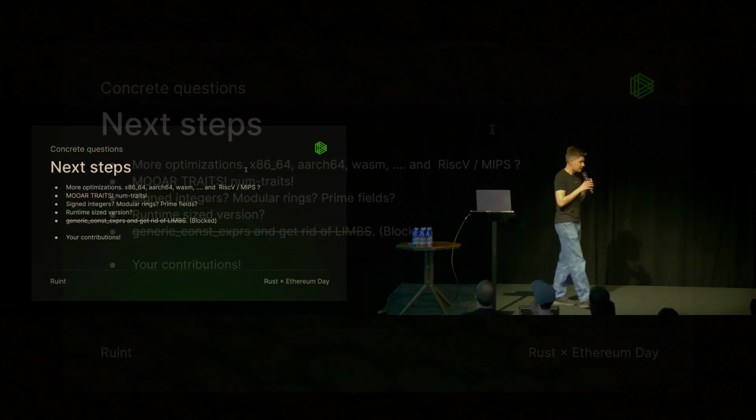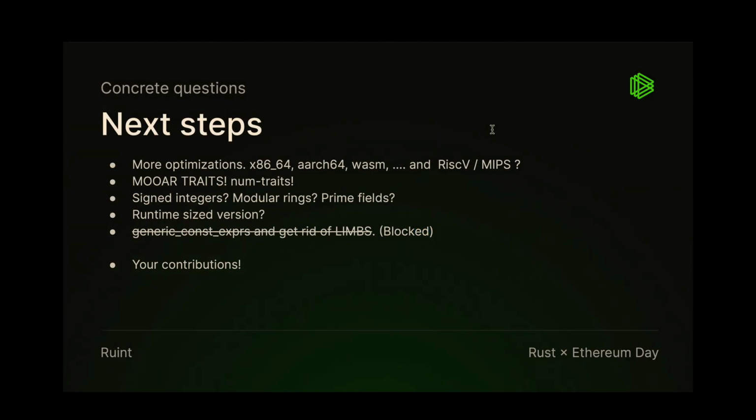So, some concrete questions. What are the next steps here? Obvious ones are more optimizations. Right now it's, I think, entirely plain Rust, so very portable, but it doesn't have specific optimizations you can do in x86-64, which has some fun opcodes like mulx and adcx. Similarly, AArch64, ARM, WASM, all of them could benefit from more targeted optimizations.